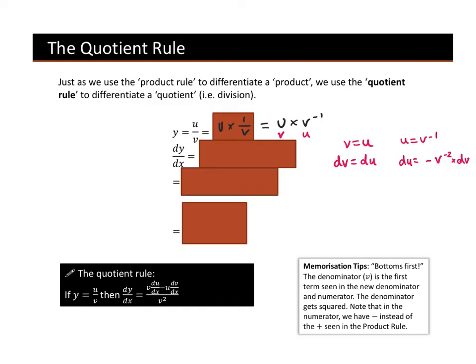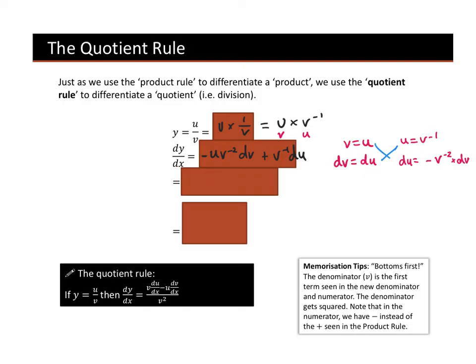Okay? So then how this looks is we're going to have v du plus u dv. So we're going to get minus u v to the minus 2 times the differential of v, plus v to the minus 1 times the differential of u.